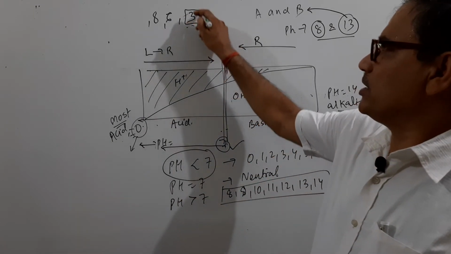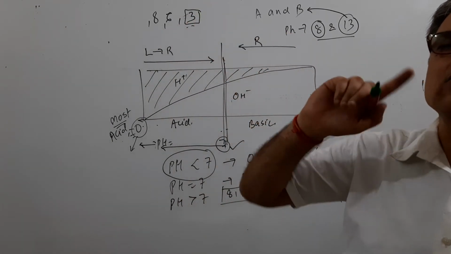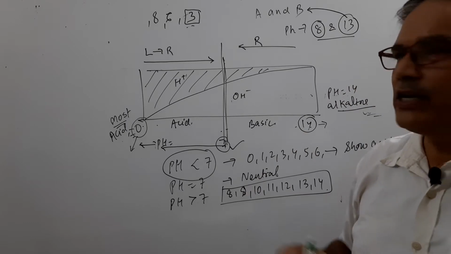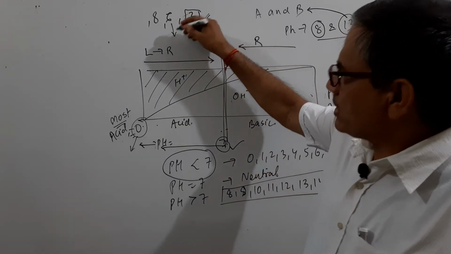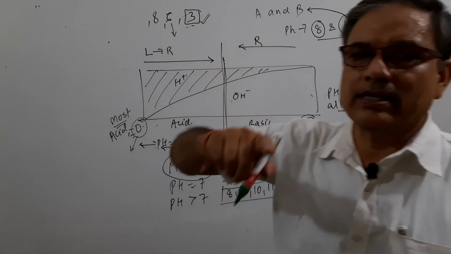The lowest pH is the strongest acidic in nature. It is also acidic in nature but less acidic.